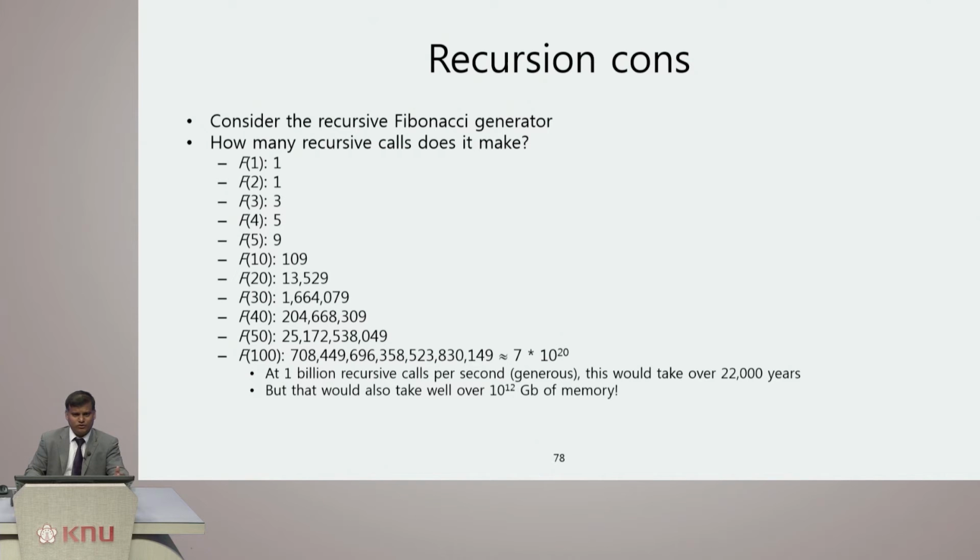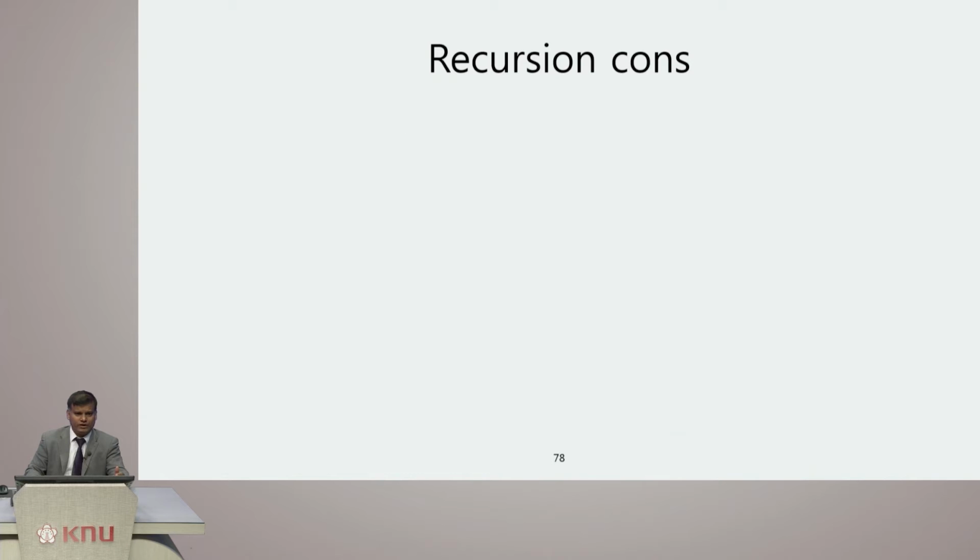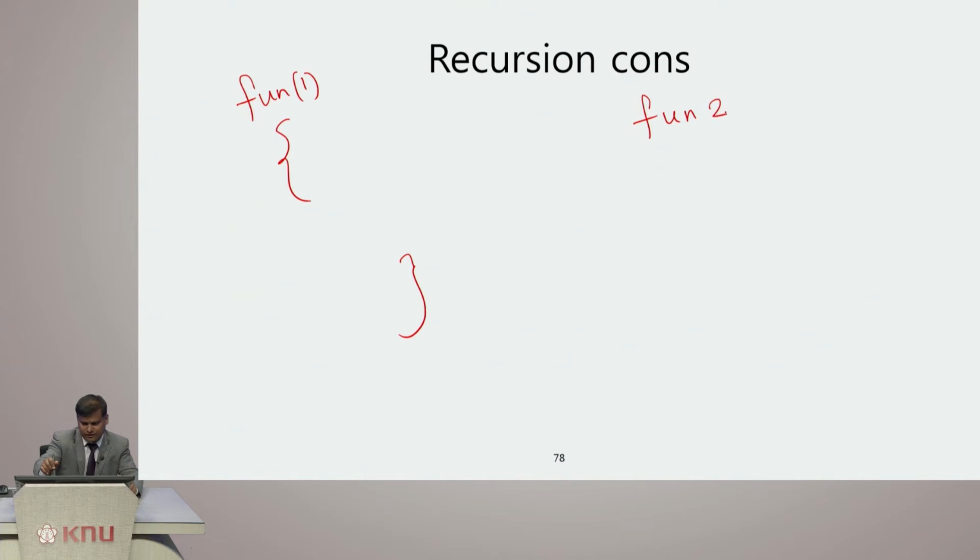Let me briefly tell you one more place where we should be very careful when considering recursion. Suppose you are writing a program and you have a function, say fun1, and then you have another function, say fun2.